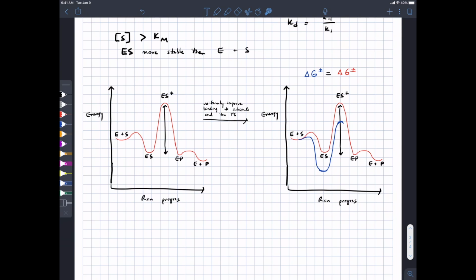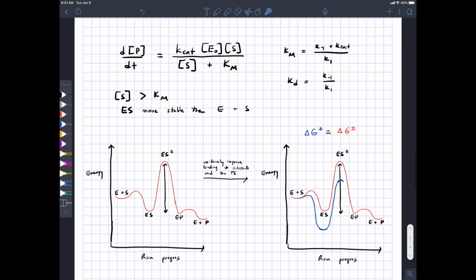But Km is going to be an intrinsic property of an enzyme, related to the on and off rate for binding and to the kcat, right? And you can make Km more favorable. You can improve catalysis either by... well, it's complicated because Km represents both binding and catalysis.